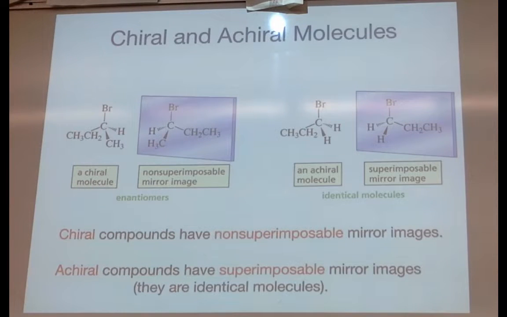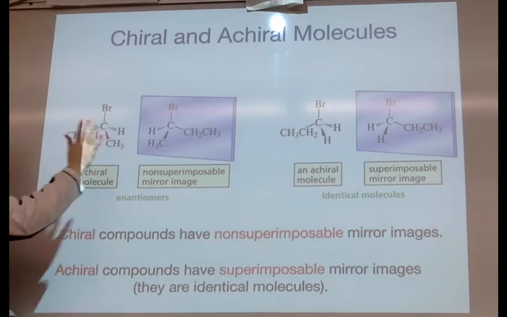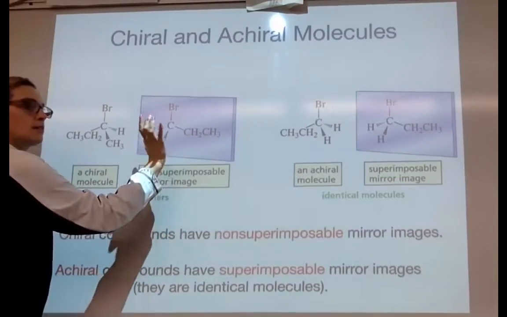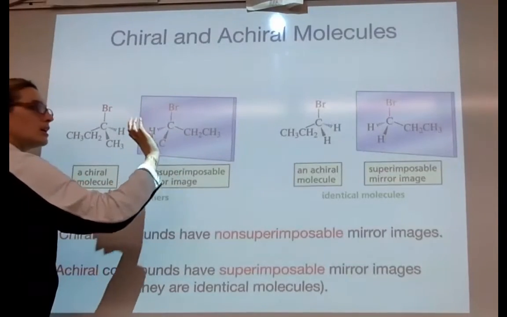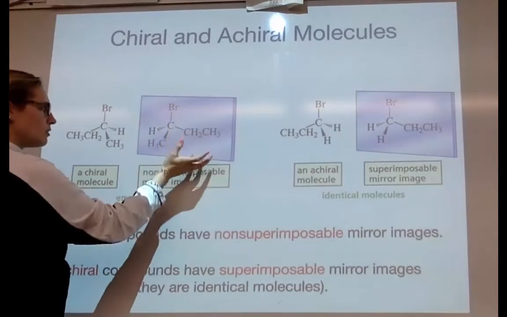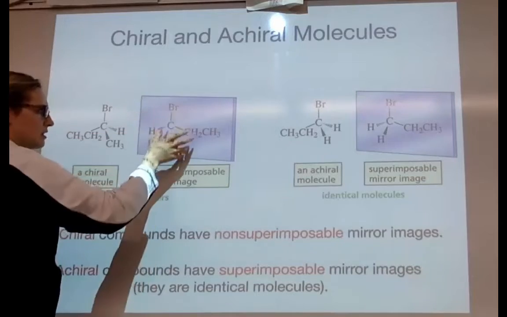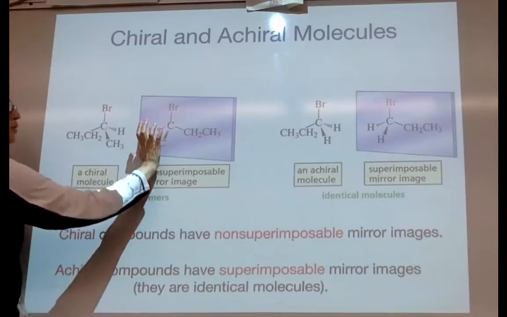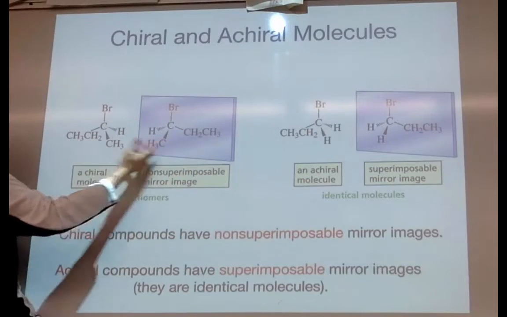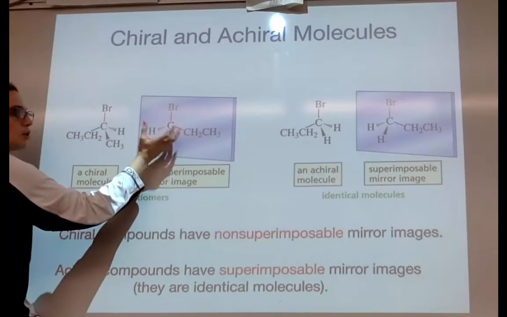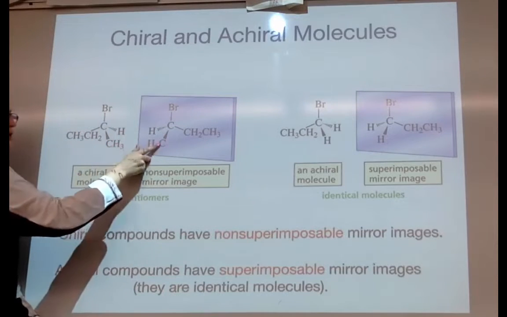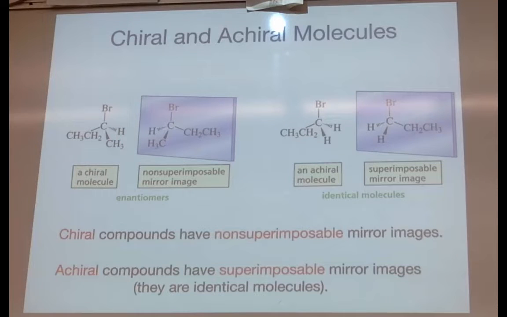What you want to ask yourself is, can I lay this on top of this and it's the same thing? Think about rotating the molecule. If I rotate it this way maybe, can I make it the same? And when you rotate this, keep bromine up. Your goal is to get the ethyl on this side. And when you do that, when you rotate it, your hydrogen ends up being on a wedge, your methyl ends up being on a dash.